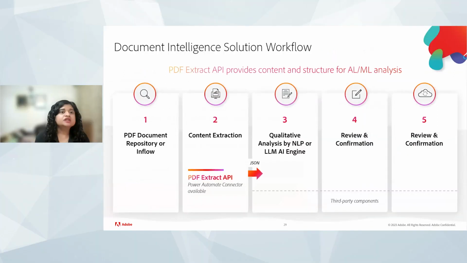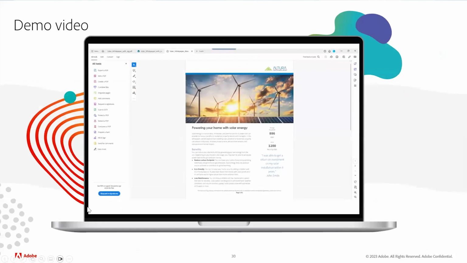So some of our customers here in India have used our extract API to pull out details from PDFs in their natural reading structure. We work on a variety of PDFs, and if there is tabular information, paragraphs, or images, we can pull all of these out and provide this information in JSON format, which you can then push through your NLP or LLM solution and take ahead. So let's see a short demo on this.